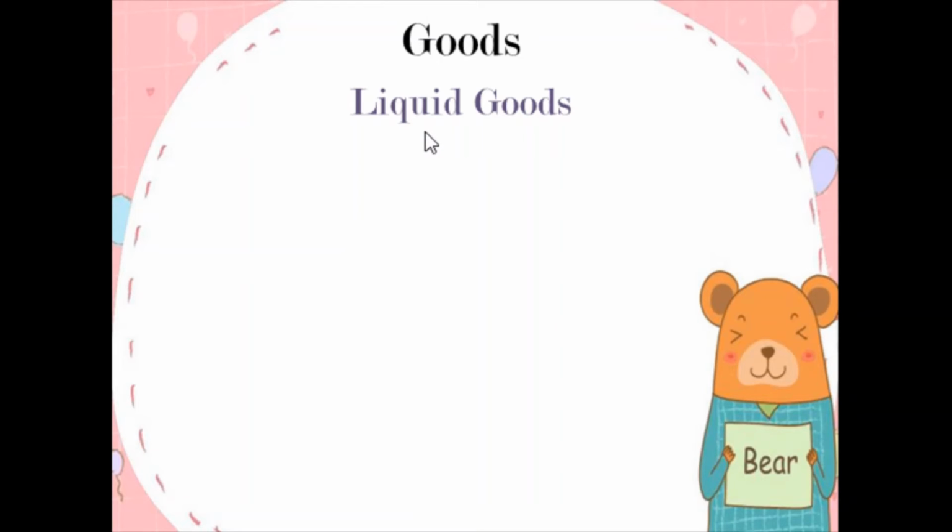Liquid goods are goods that we can touch but we cannot completely feel because it is wet and it's not solid. It's not hard. It is liquid. For example, to make things clear, oil. Oil is an example of a liquid good.